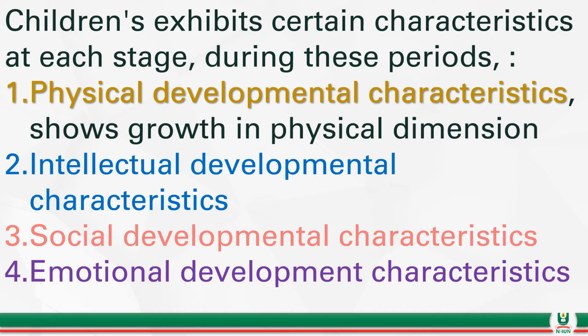So the child also will experience intellectual development at this stage of the child's growth. Also, there are social developmental characteristics. Here, the child wants to relate with adults. He will want to relate with his colleagues. He will want to relate with children within the compound. He has seen himself as a social animal, and he has seen himself as somebody that has to relate with others. And so the child will have developed social developmental characteristics.